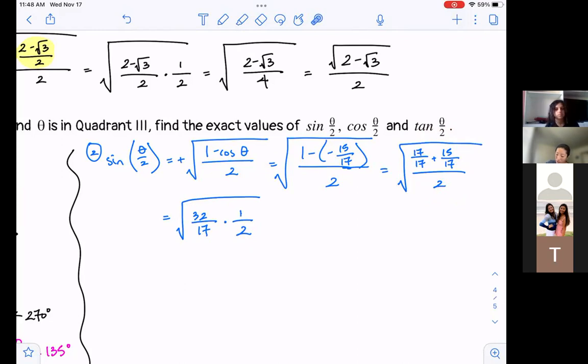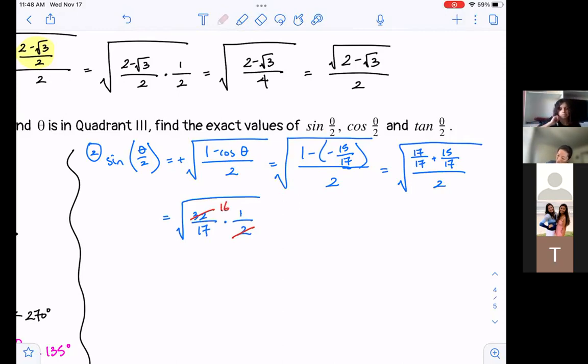All right. Let's use the same clever trick that we've been using, which is before we just start multiplying everything out, can we reduce? Right? Can we reduce? I think 32 and 2 reduce. They do. And what do they reduce to? 16.